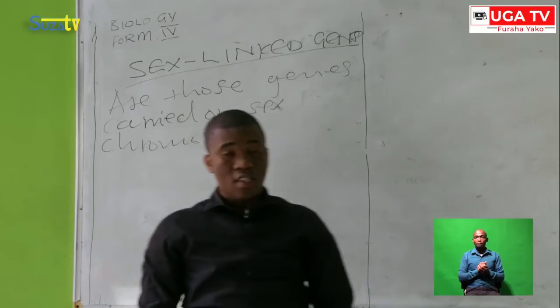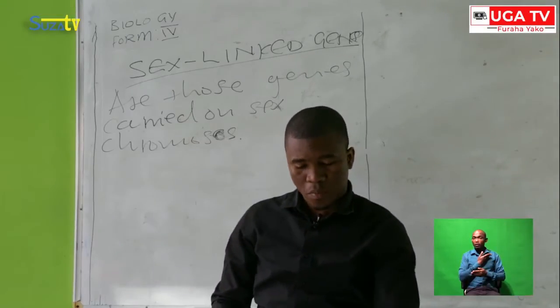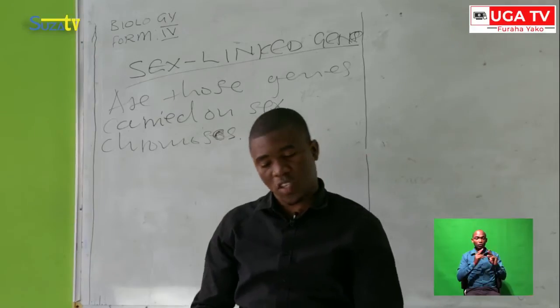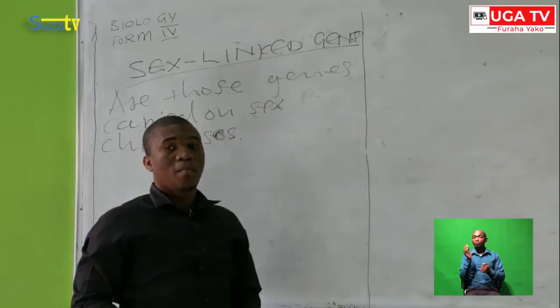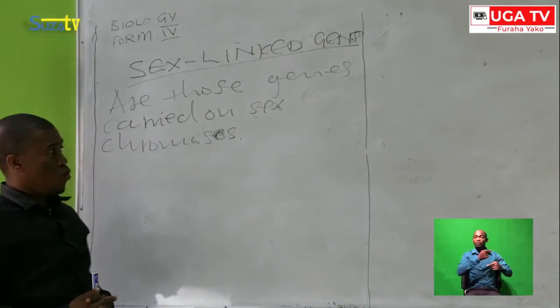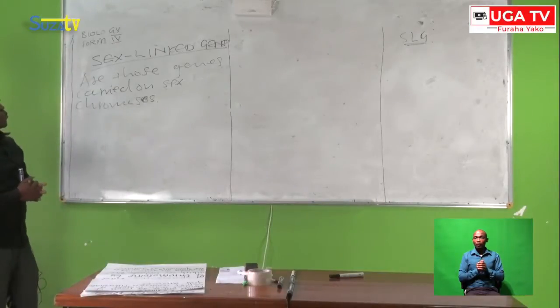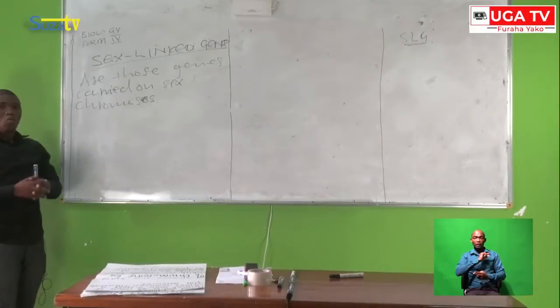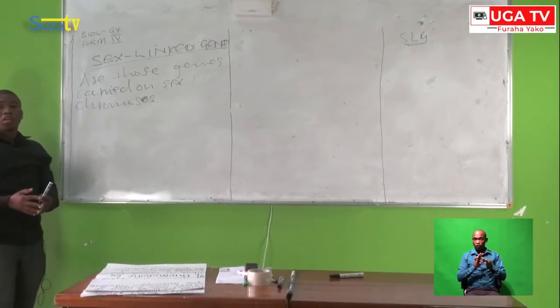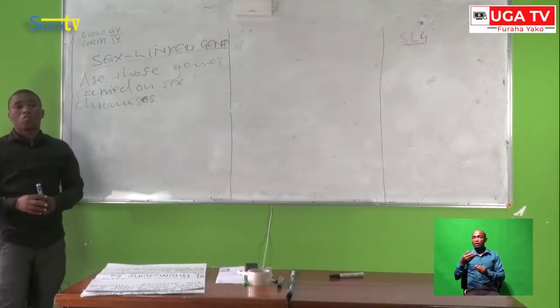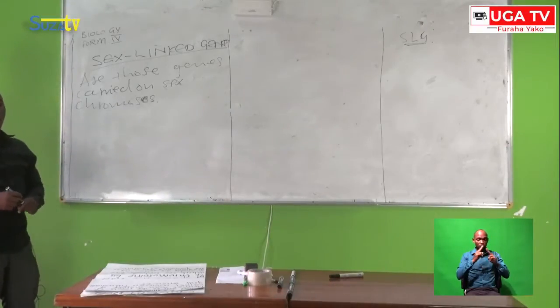Okay, thank you very much for good reading and good discussion. Now the discussion is over, and we proceed with our aspect, which is sex-linked genes. We make a general summary from what we have read and discussed in our groups.